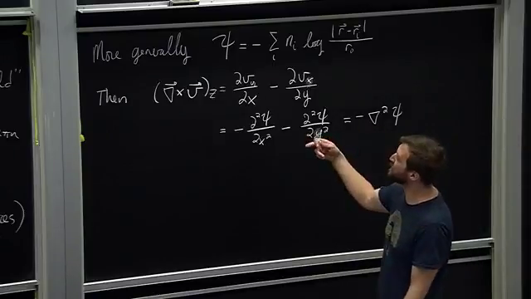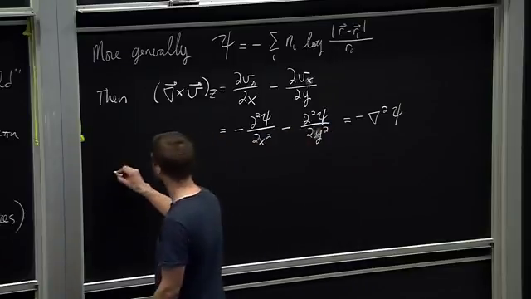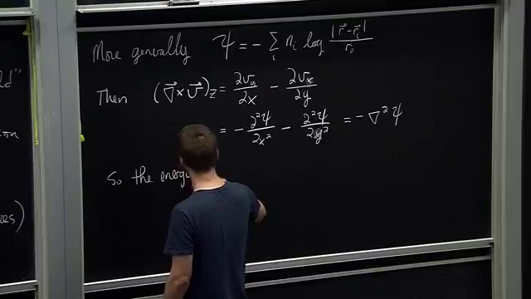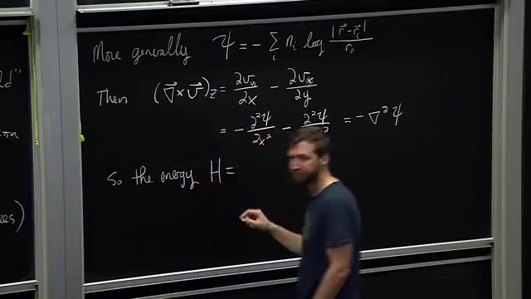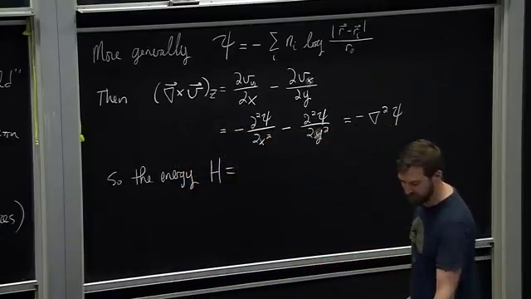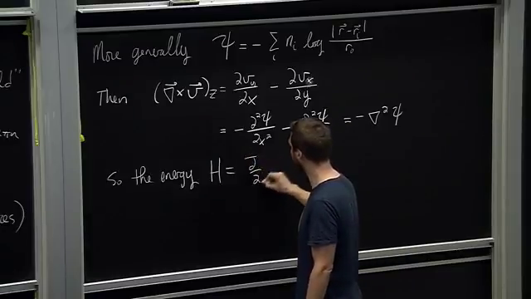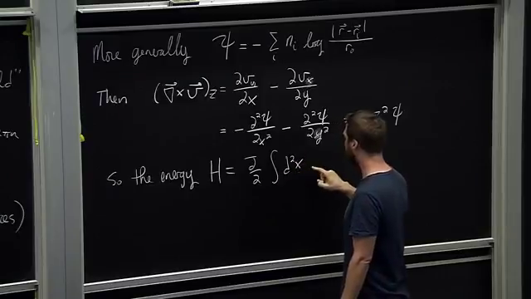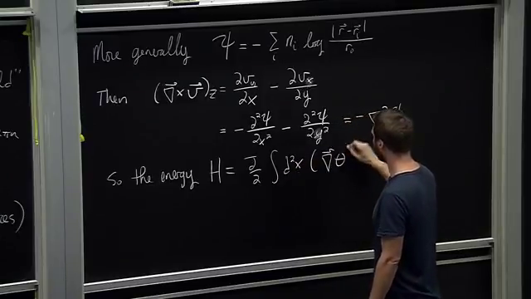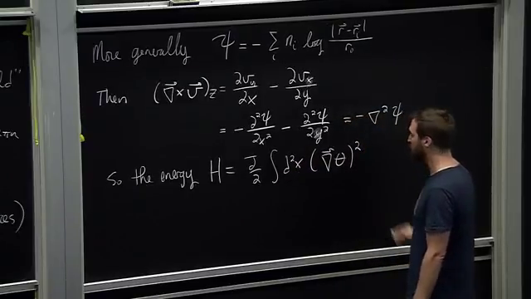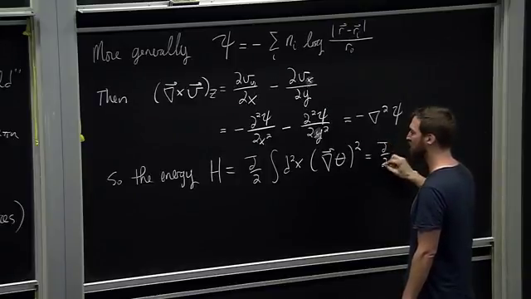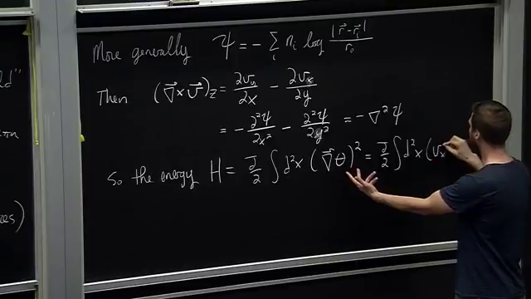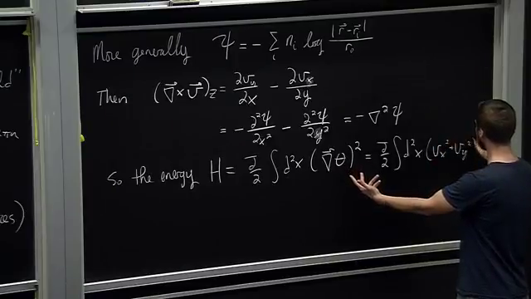Okay, so now this lets me calculate my energy. And I'll just use the XY model, which is J over 2 integral dx dy, this thing, which is like, you know, Vx squared plus Vy squared.